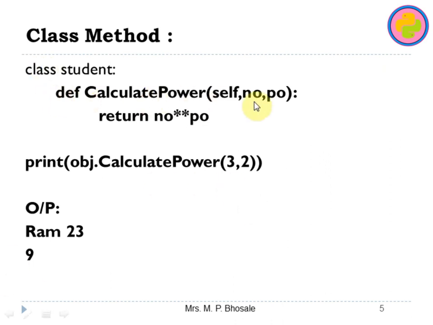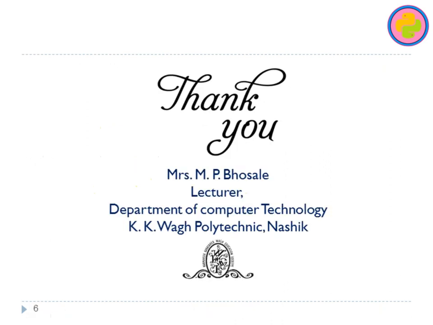You have to use this, then colon, and then you will write the statement. And whenever you want to call this method or function, you will just use the object dot function name and then these parameters. So let us do this.